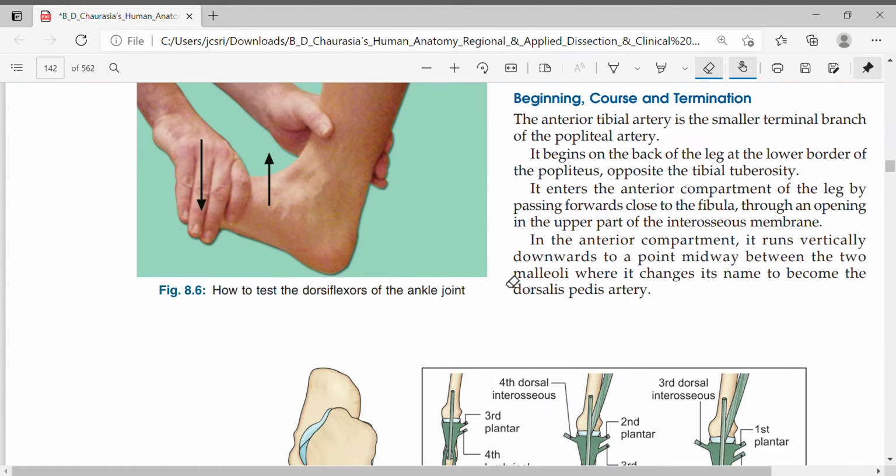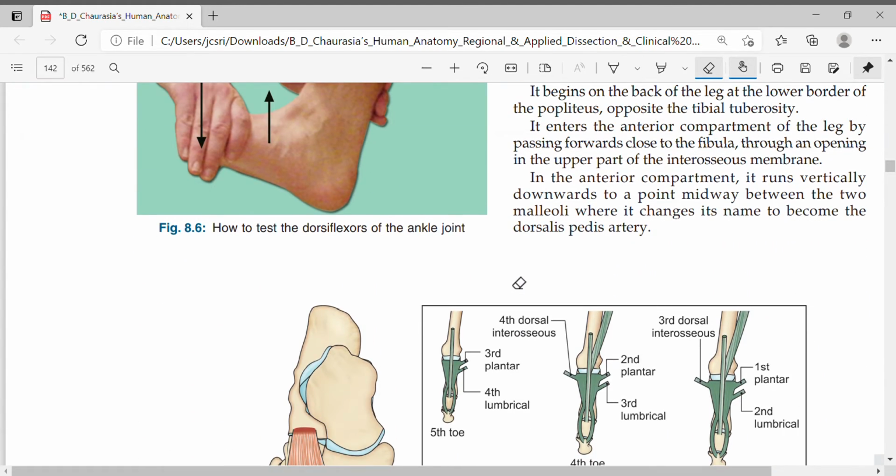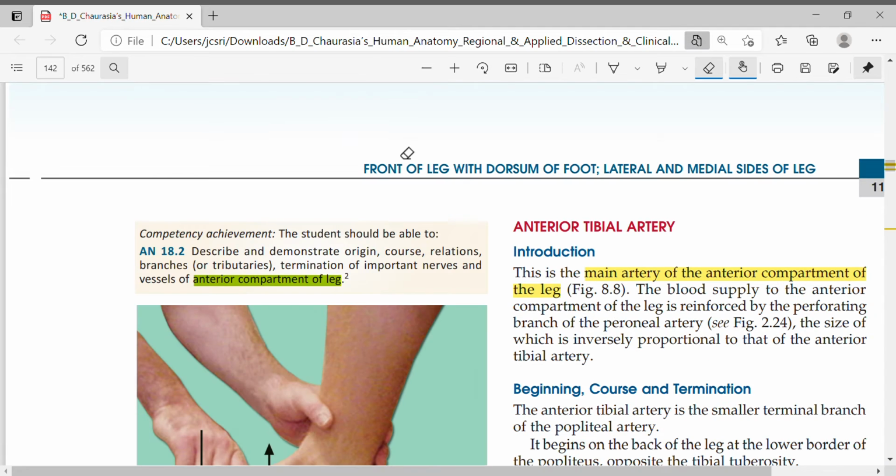It is not given here, but we have done it in the popliteal artery. Or else you can see the popliteal artery once so that you can understand.